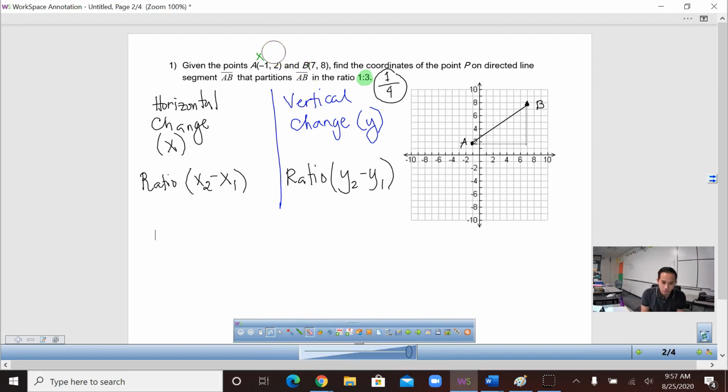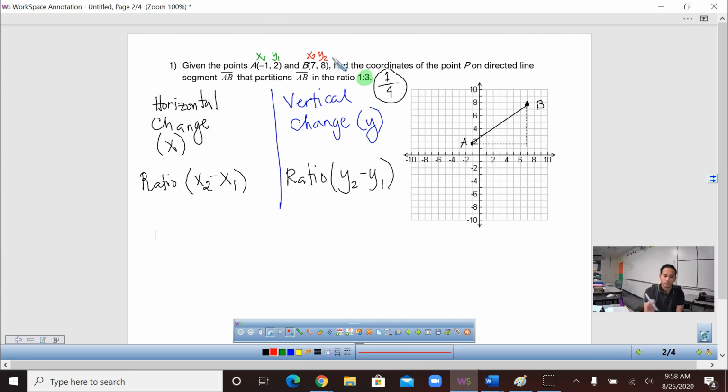This one will be x1 and y1. There you go. This is x1 is -1, y1 is positive 2. And then we have x2 for 7, and then y2 for 8.